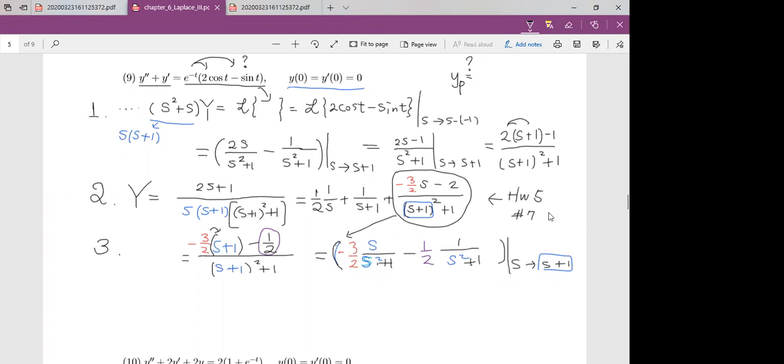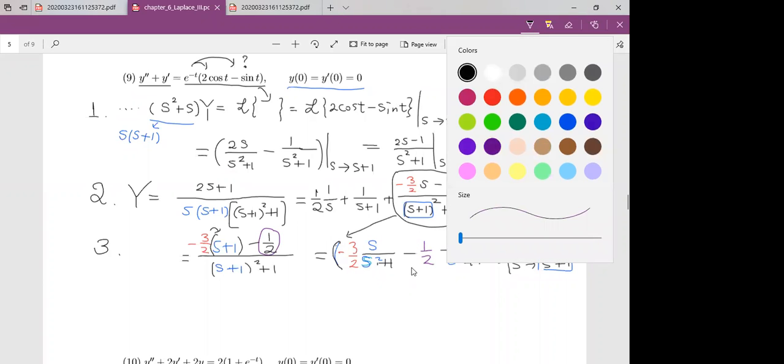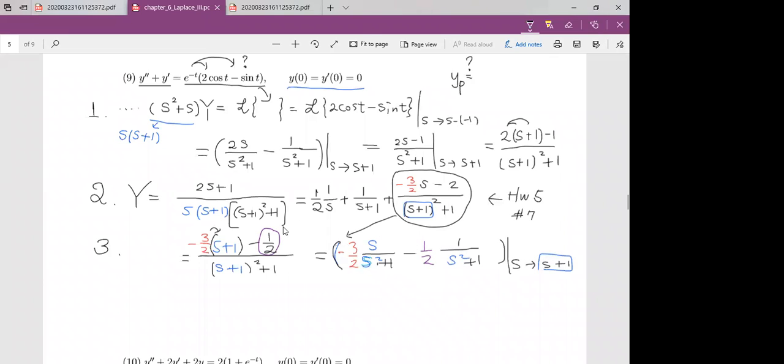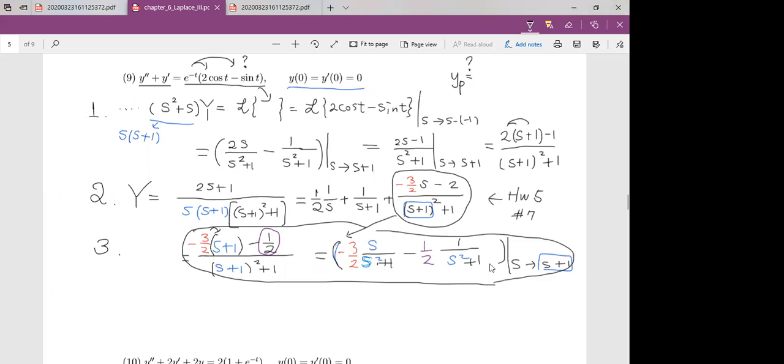So somehow we tried to rewrite this expression in the bubble to read that as a translated version like this. Let me put that inside the big bubble. Okay. And then the next step is to take the inverse transform.